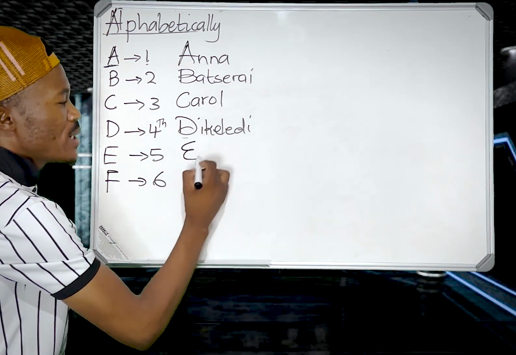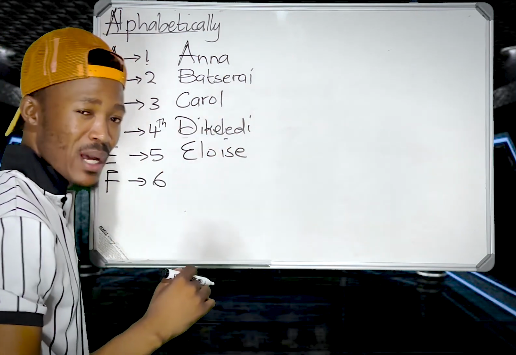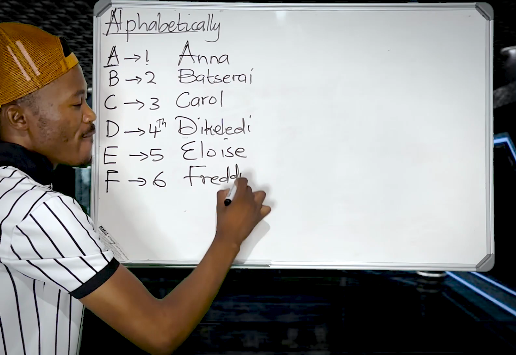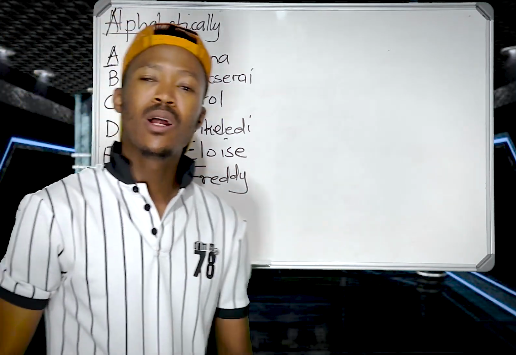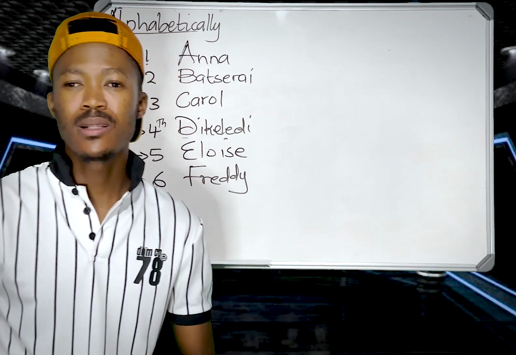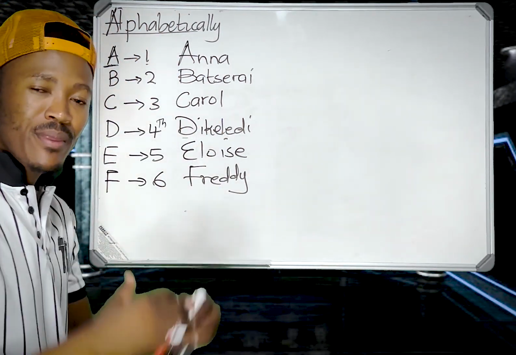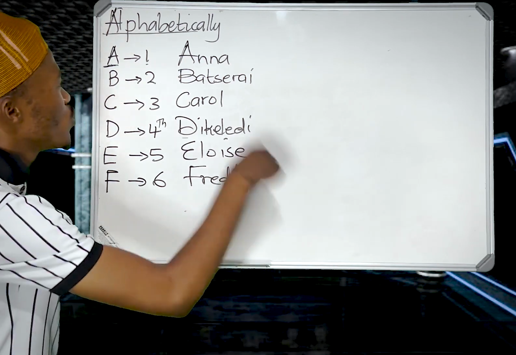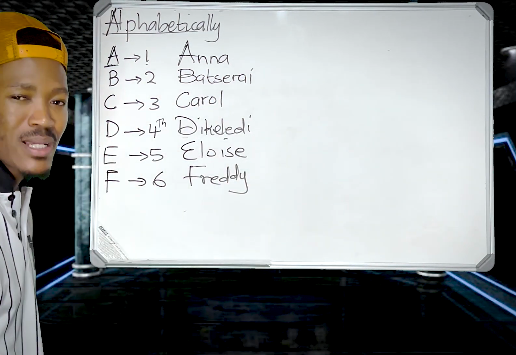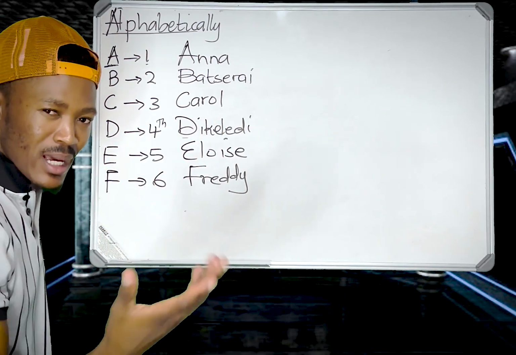We can have tropical cyclone Eloise, that will be our fifth tropical cyclone. Last year we had tropical cyclone Freddy that destroyed a lot of homes and killed some people, unfortunately. So this system is easier for us to remember. The first tropical cyclone in a season will be awarded a name that starts with an A, and then the third tropical cyclone in a season will be awarded the letter C, Carol, Clark, and so on.